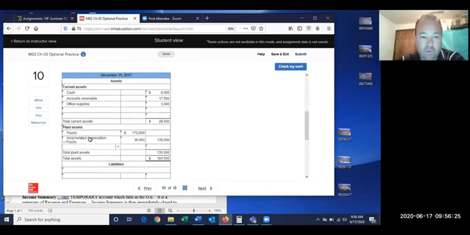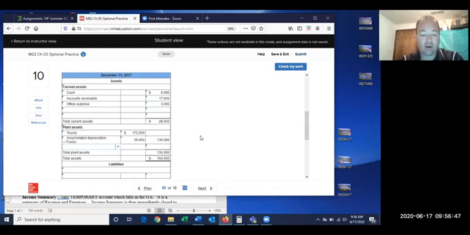Notice it knows when you enter accumulated depreciation, we don't need to put it in as a negative because it knows that you're subtracting that accumulated depreciation to get your book value. So this is what the truck still has left to depreciate. Remember, that's what we said the book value means. It doesn't mean that's what it's worth. That's not the fair market value.